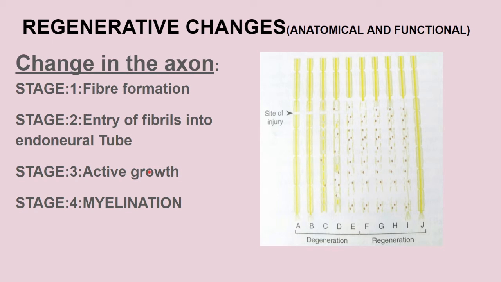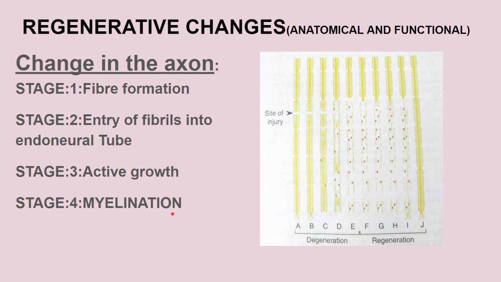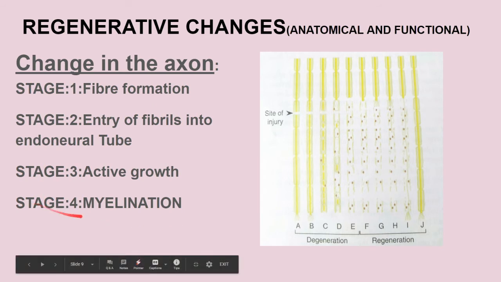Okay, so you can imagine how difficult this process is, and it takes a lot of time, about 3 months, to reach stage 3. Now stage 4 is the myelination. The myelin sheath is then formed slowly by the Schwann cells, and the myelination is completed in around 1 year. So this stage occurs in 3 months, while this stage requires around 1 year.